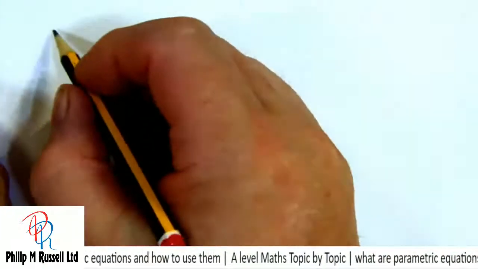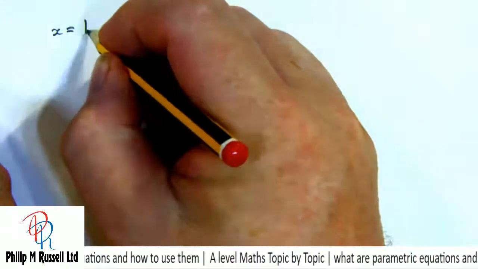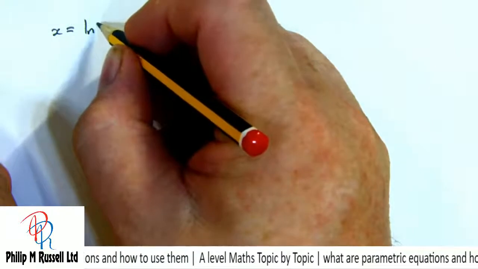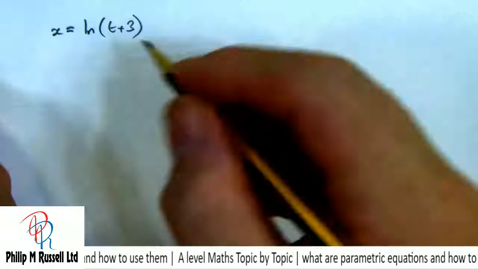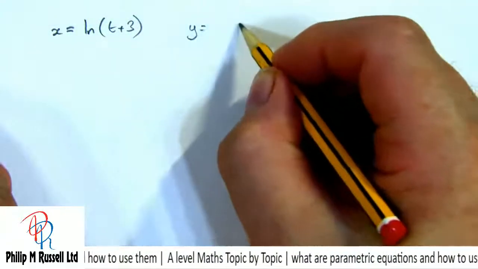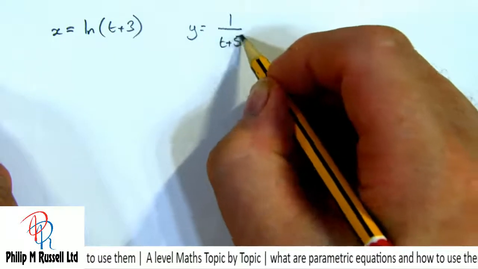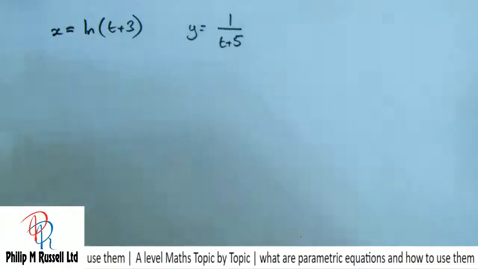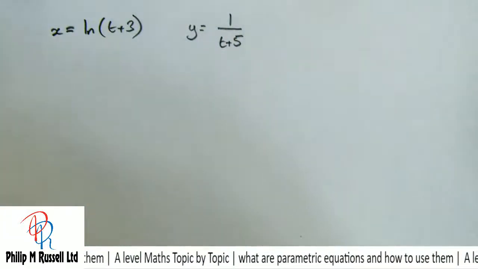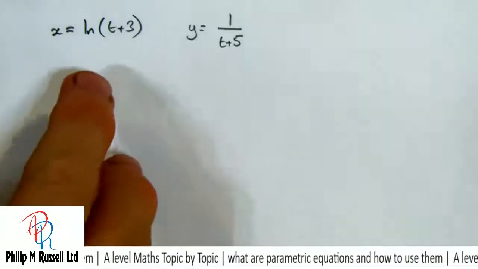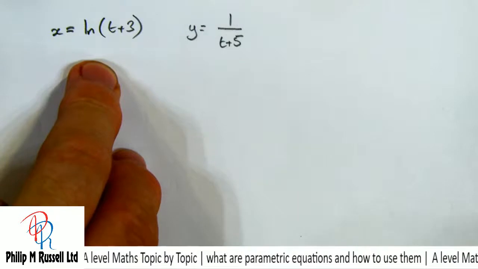An example of this would be x equals the natural log, log to the base e, of t plus 3, and I might be told that y is 1 over t plus 5. So if we've got something like this and we're asked to find the Cartesian equation of this, again what we've got to do is find out what this is in terms of t.